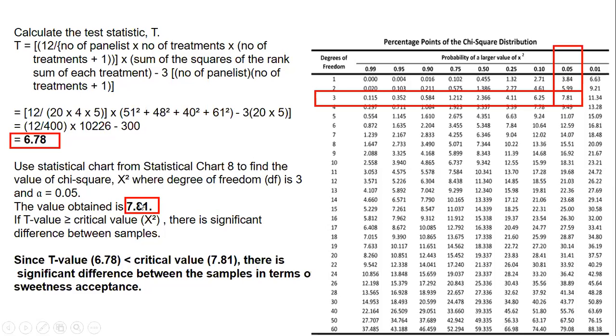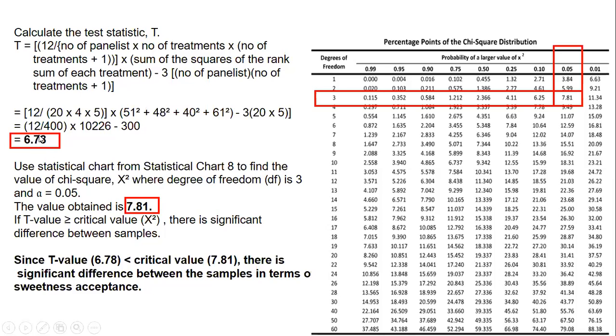Usually in sensory evaluation tests, when we do the statistical analysis, we always compare the calculated value with the chart value. If the value that we calculated is more than the critical value, and here for chi-square we are referring to the critical value, then there is a significant difference.